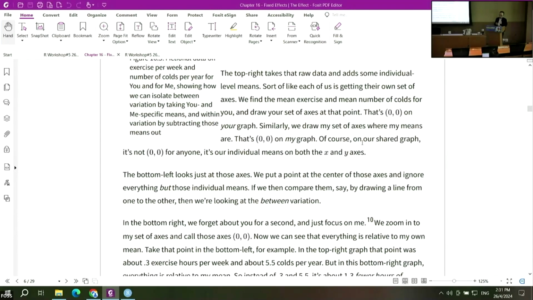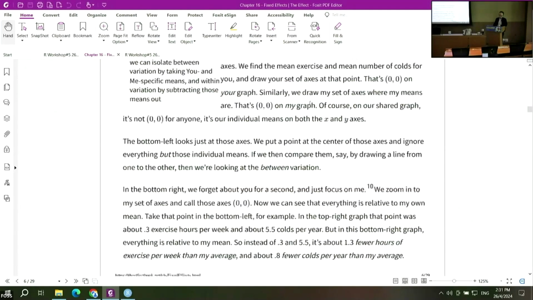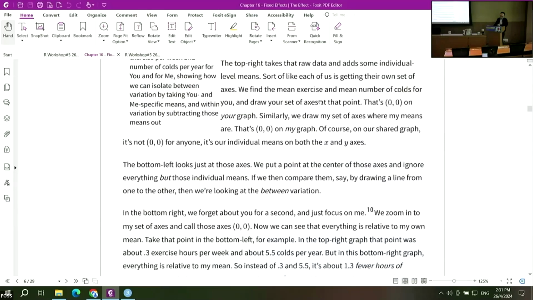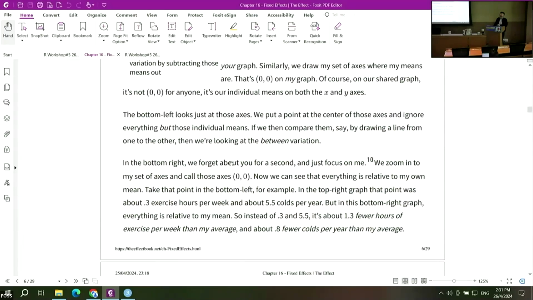Yeah, that's right. I got confused for a second because I thought this was looking at you and me, but this is taking away you, just looking at one specific variable. So everything is relative to my own mean.